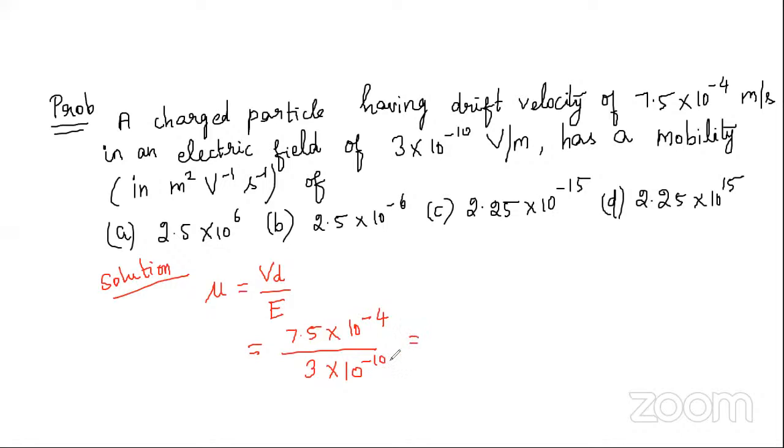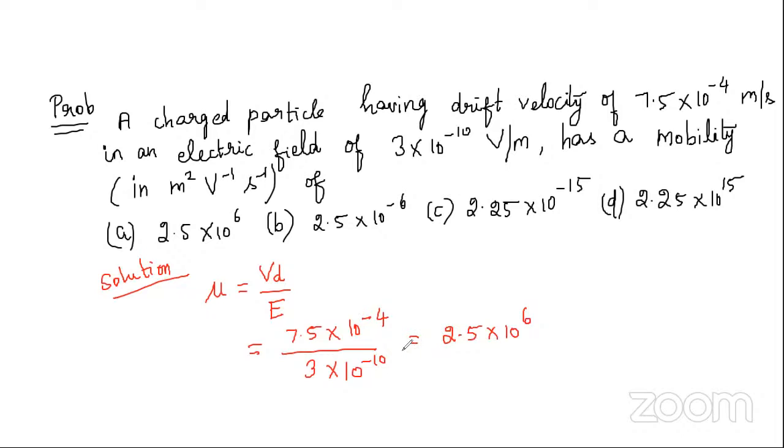So we have to complete the calculation and then find out the value. So 7.5 by 3, what will you get? You will get 2.5, actually 2.5 into 10 power 6.